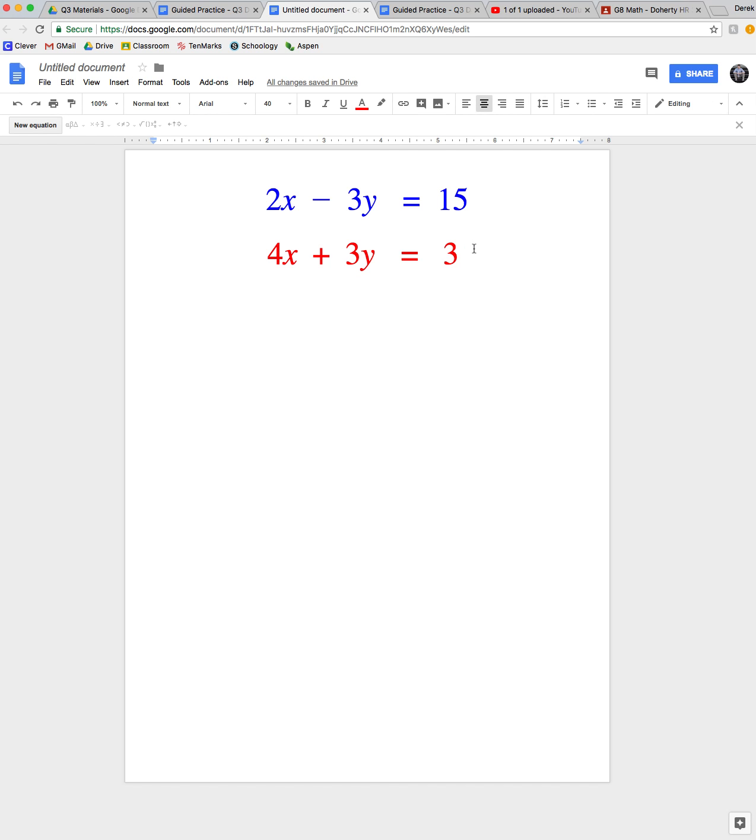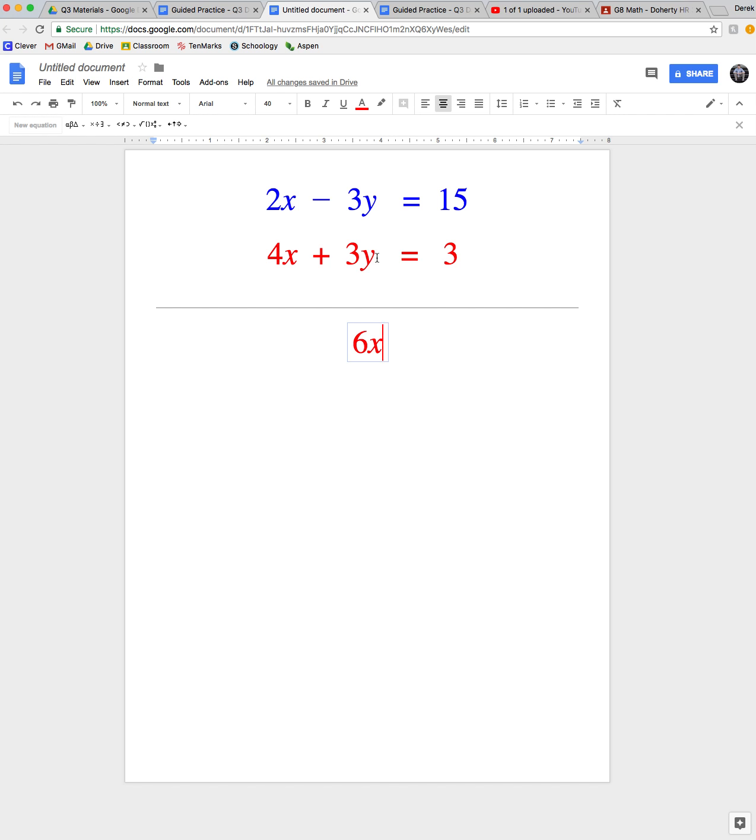So adding these two equations together, I can only combine like terms. I can combine anything in the left expression for the blue equation with the left expression in the red equation if they are like terms, so the 2x and the 4x could be combined together, and then they would provide us with 6x.